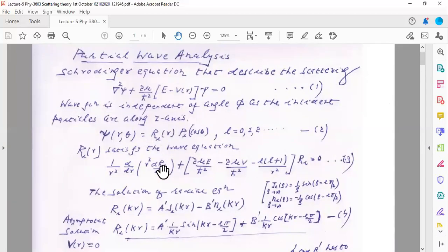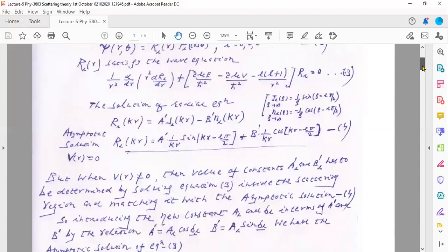When v is equal to 0, you calculate the solution. But when the potential v is not equal to 0, then the radial part will experience a phase, right? It will alter the phase, and that amount we will discuss with the help of phase shift.